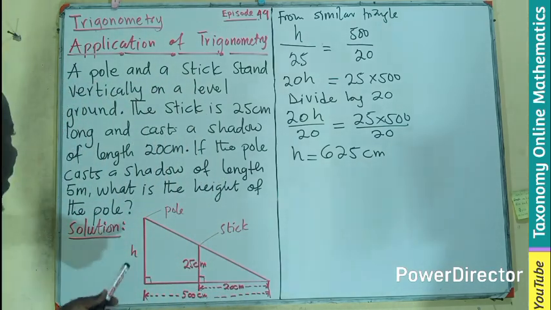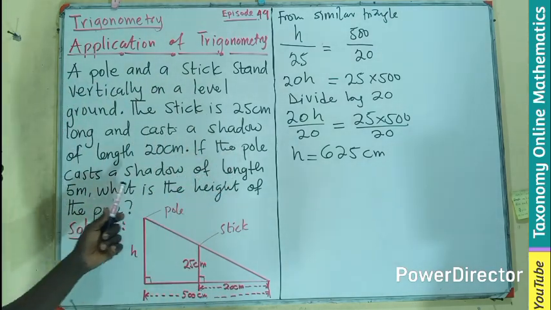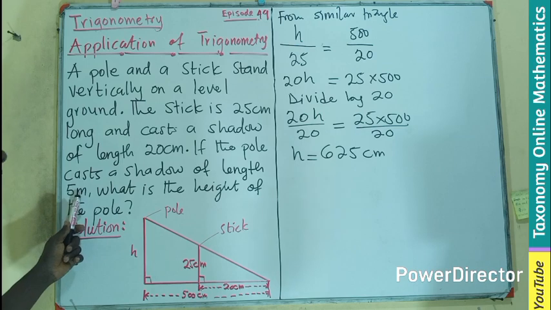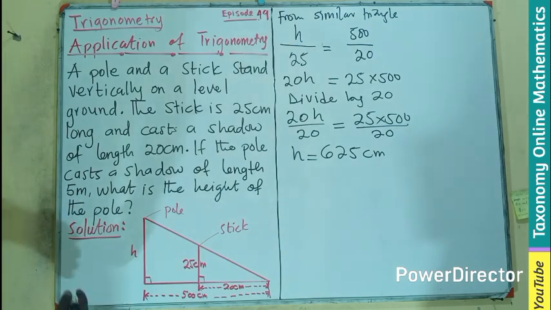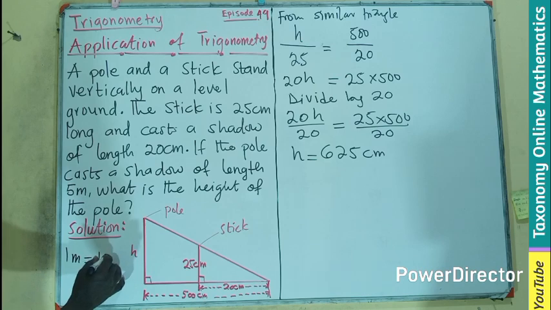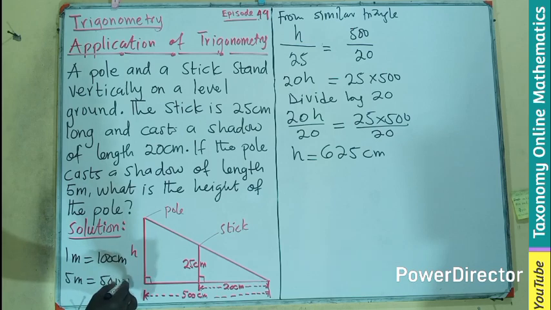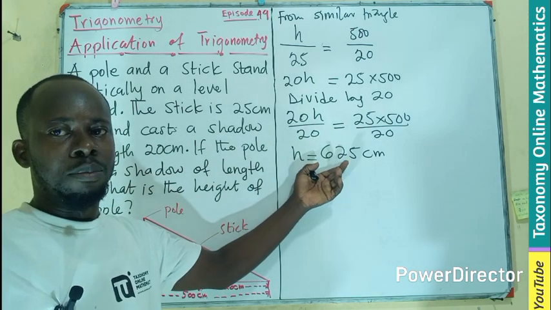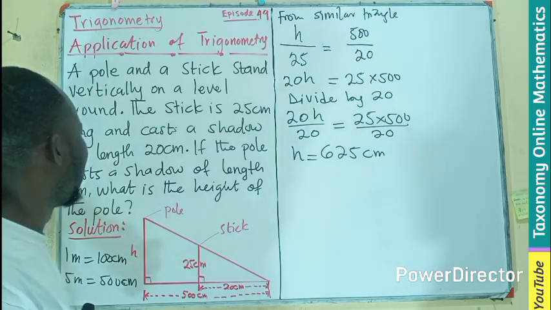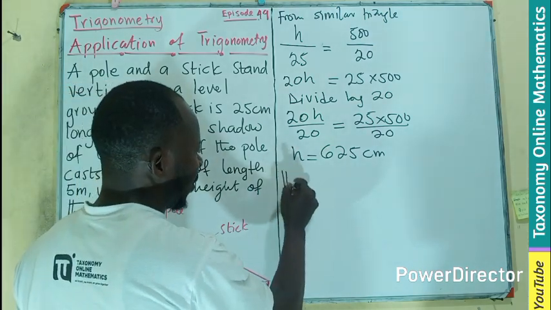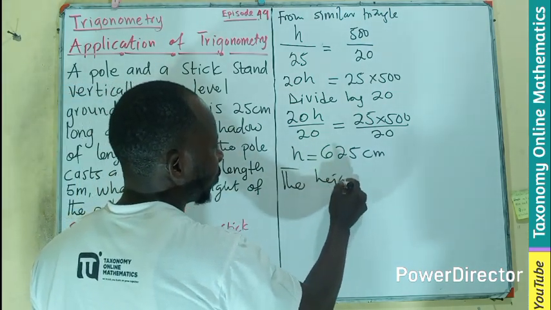But you can see that the pole casts a shadow in meters. We know that 1 meter equals 100 centimeters. That is why 5 meters gives us 500 centimeters. So we need to convert this value back into meters.